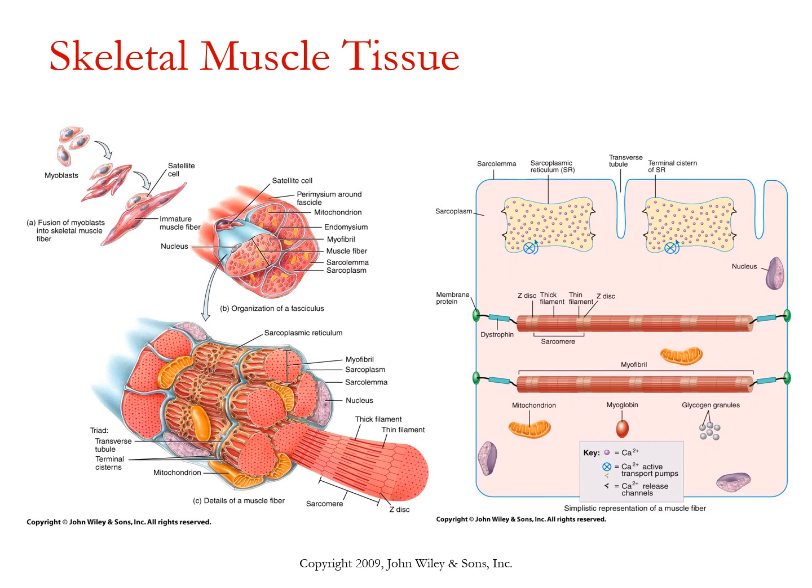And while the blood also brings glucose and other nutrients to the muscle cells for ATP synthesis, the muscle cells have their own internal stores of glucose in the form of, you know it, glycogen, which is stored in granules. We also have the proteins that attach the myofibrils to the sarcolemma, such as dystrophin, and we're going to meet some of these other proteins in the following slides.